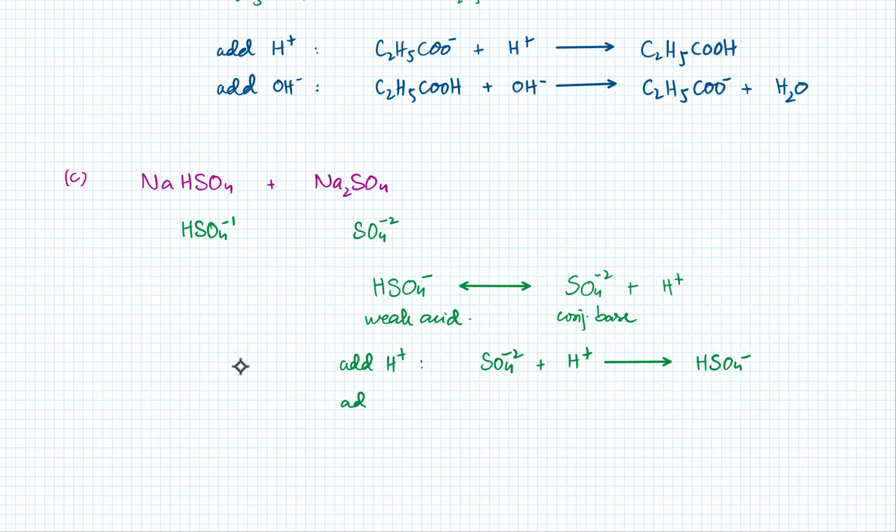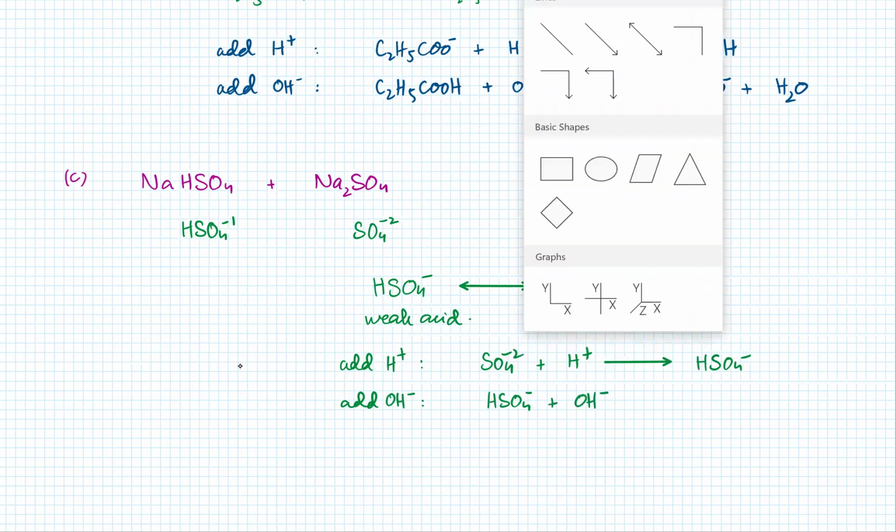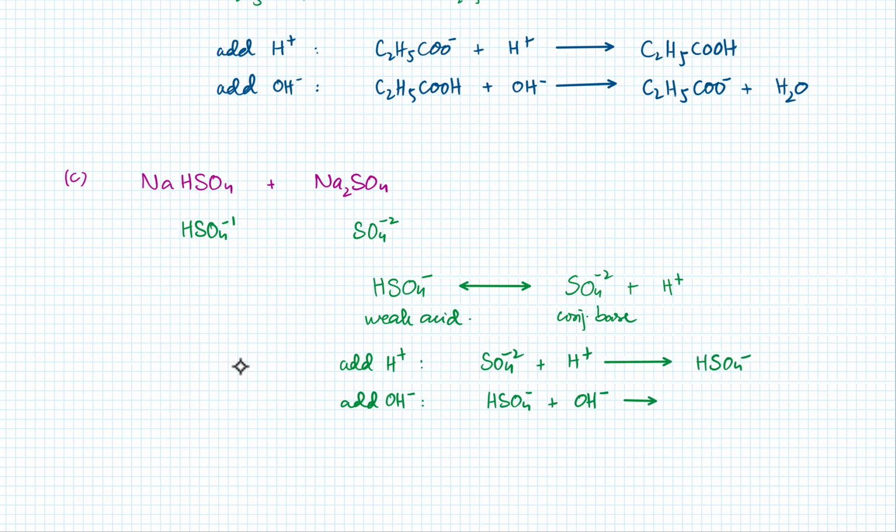And if you add OH ions, who's going to neutralize them? The weak acid, HSO4 minus 1, is going to come in and release an H plus 1 so that the OH ions get neutralized. SO4 minus 2 is produced, and water is produced. So is this clear, the acid salt part? Yes sir.